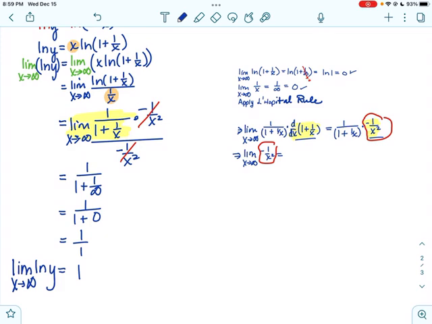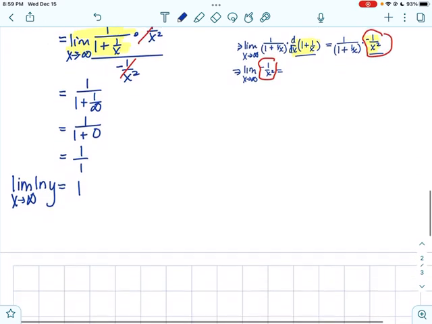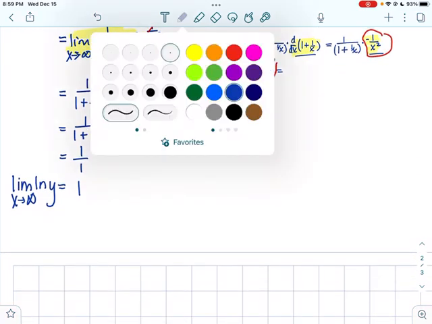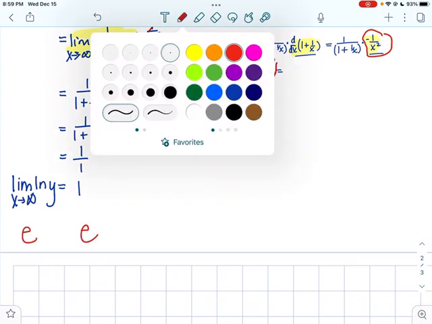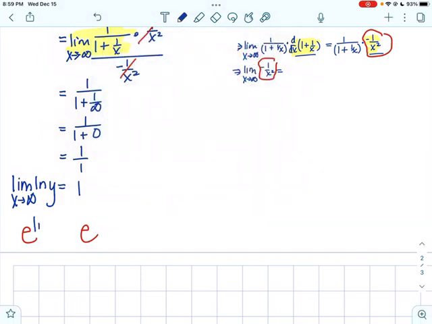So all we really have to do is say, okay, then e to both sides, e to ln of y must be equal to e to the first power. And then in that case, y is equal to e.